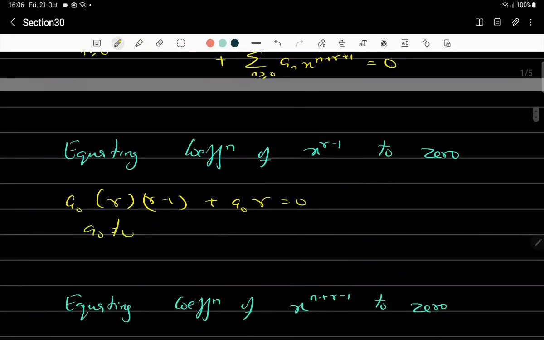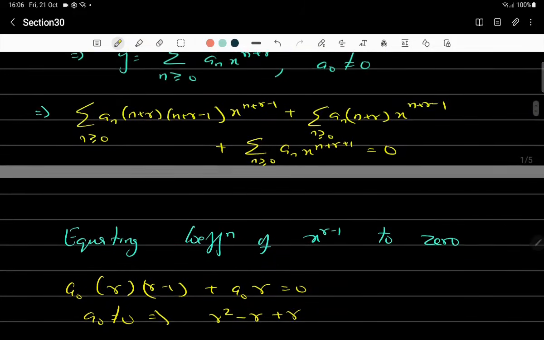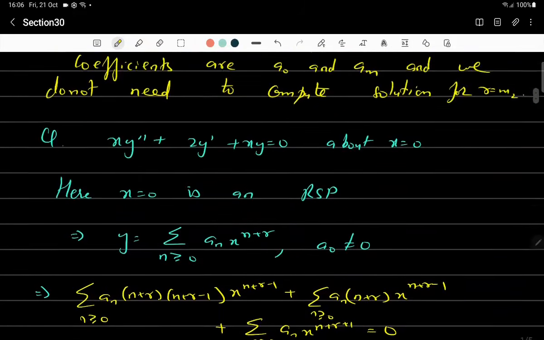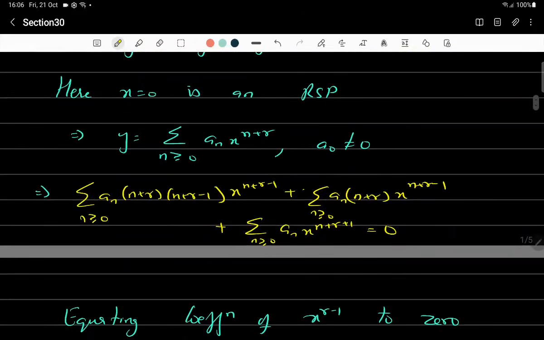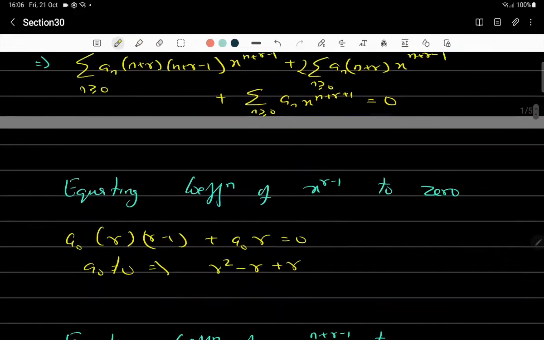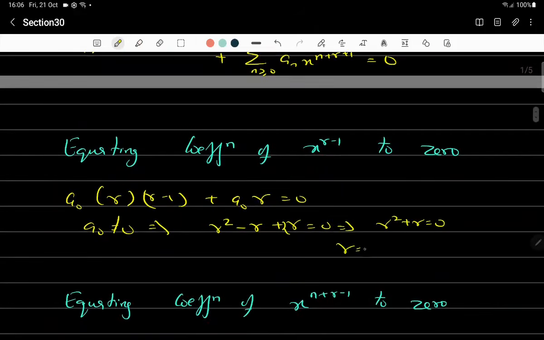Now a naught is not equal to 0, so r squared minus r plus 2r, oh sorry, there is a 2 also, so plus 2r is equal to 0. That gives you r squared plus r is equal to 0, and that gives you r is equal to 0 and minus 1. So here the roots differ by an integer. It means it is case 3 or some other case.